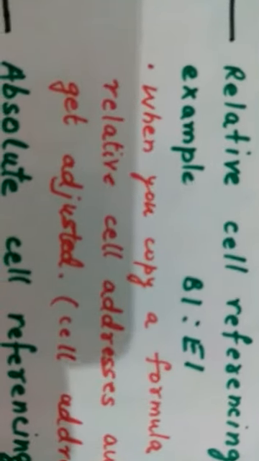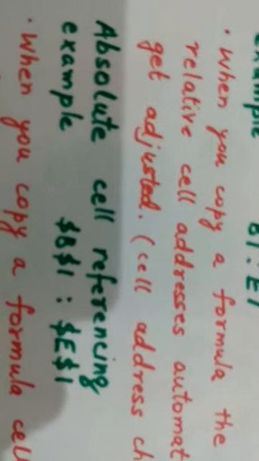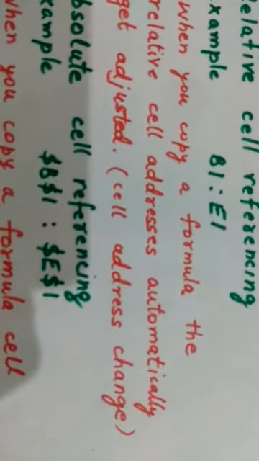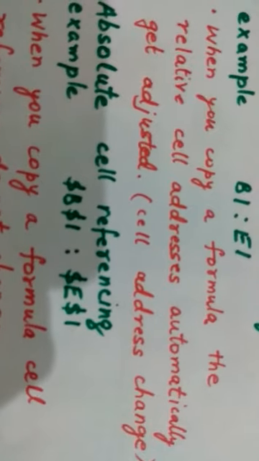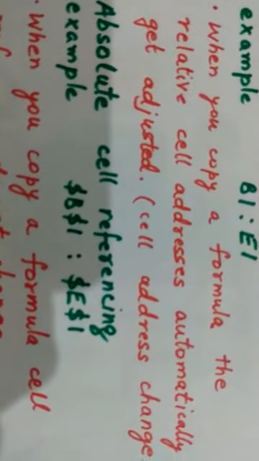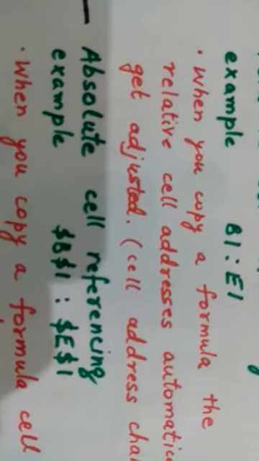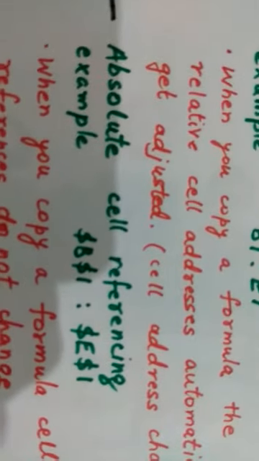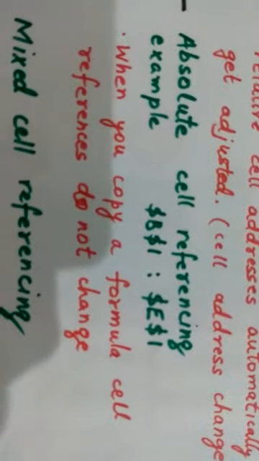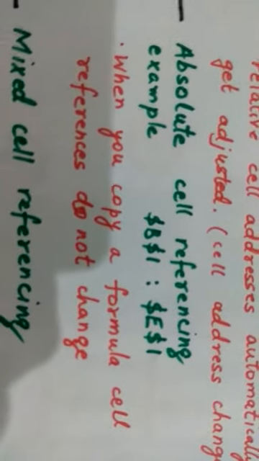Relative cell referencing: when you copy a formula, the relative cell addresses automatically get adjusted, which means cell addresses will change. With absolute cell referencing, when you copy a formula, cell addresses do not change.